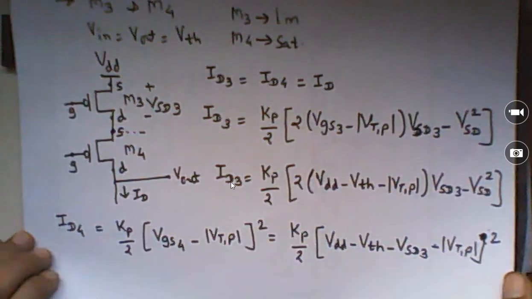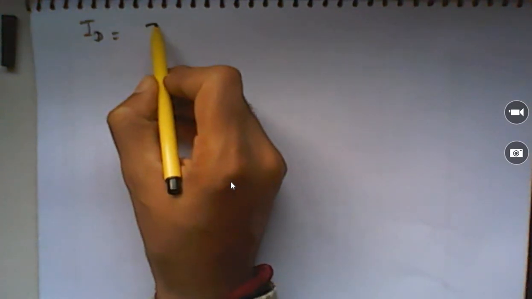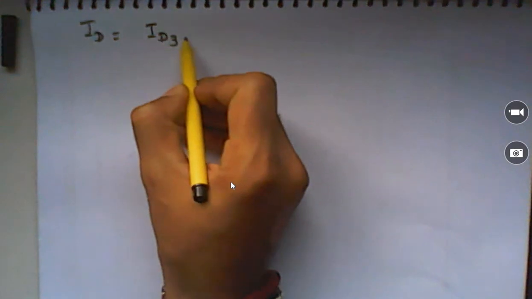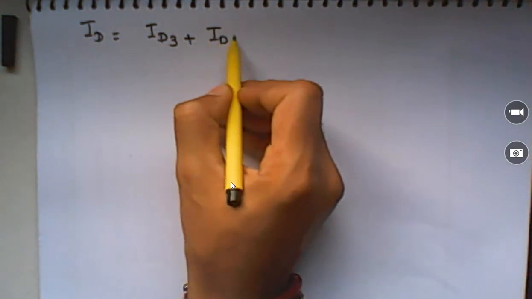Our interest is to find out the ID. And we know ID3 is equal to ID4, so ID can be found as ID3 plus ID4 by 2.